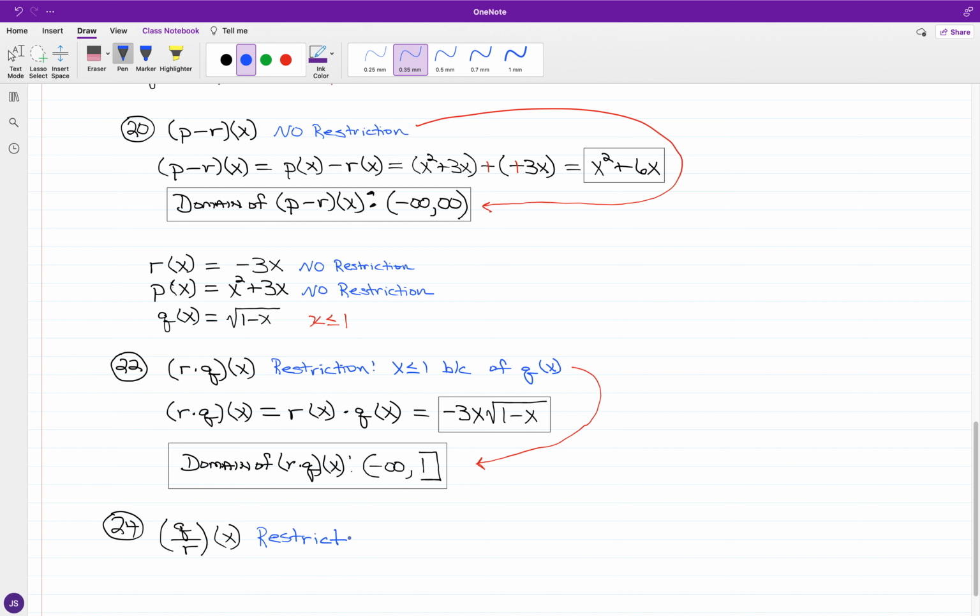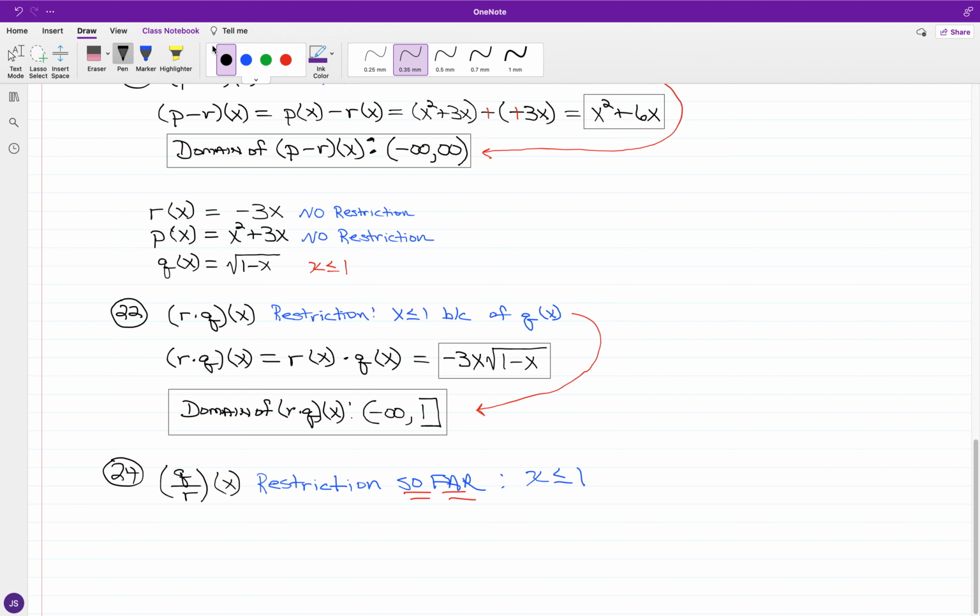I'm going to stress the so far portion, the restriction so far, again coming from q of x, so you have x is less than or equal to 1.